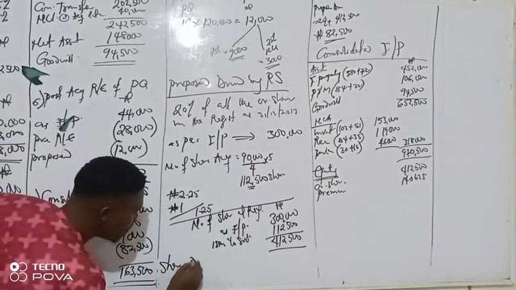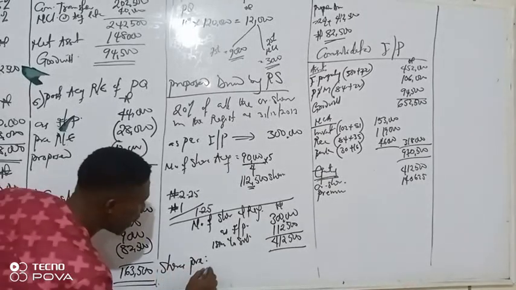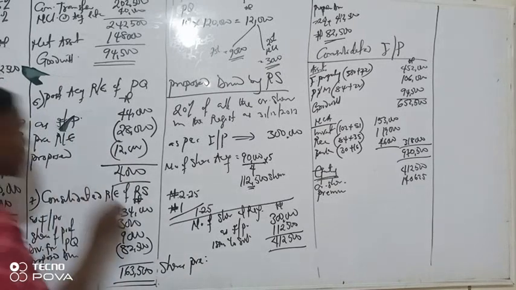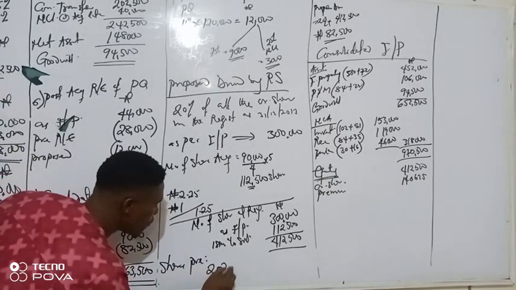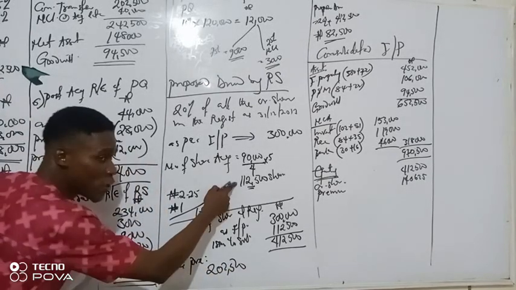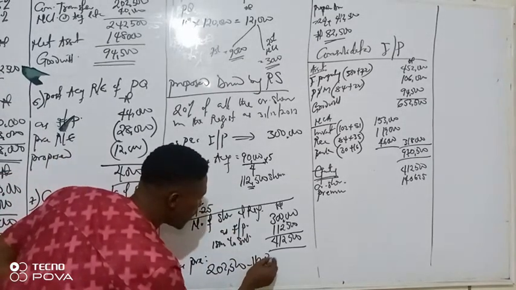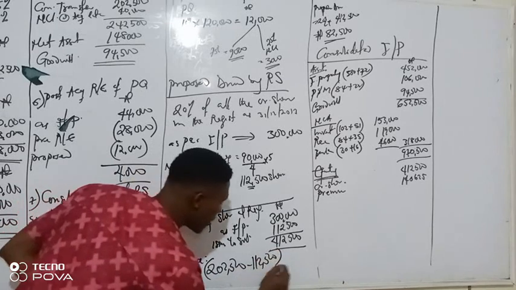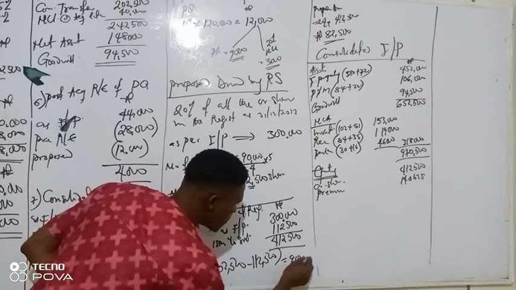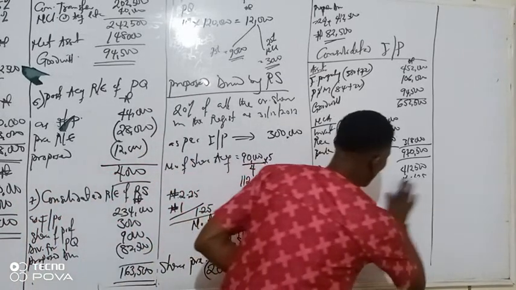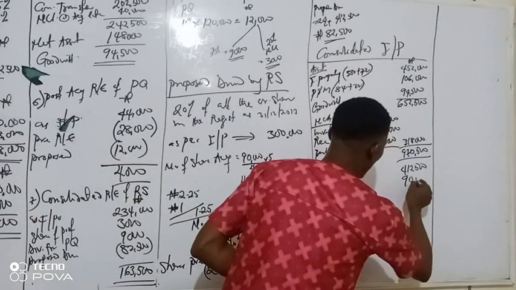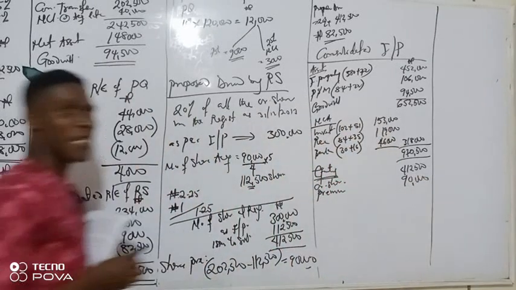Share premium. Our share premium should have been, we paid 202,500. The nominal value is how much? 112,500. Sorry, that should be our premium, so please correct this one to be 90,000, because this is the total amount you paid.